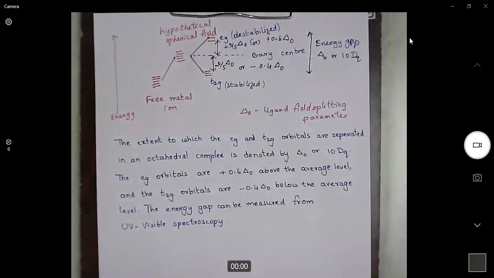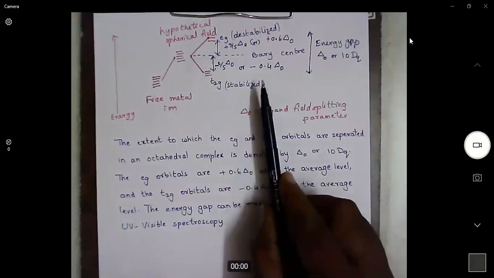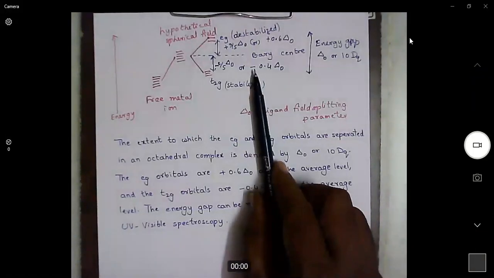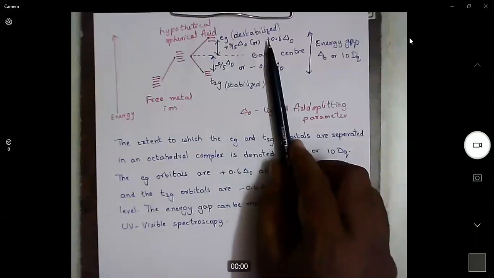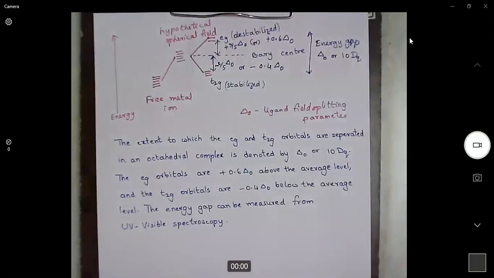From this crystal field splitting, we can calculate the energy of d block elements, and we can say whether a complex is stabilized or destabilized. If a complex is having negative energy, then it is stabilized. If a complex is having positive energy, then it is destabilized, because loss of energy results in stability, gain of energy results in destability.